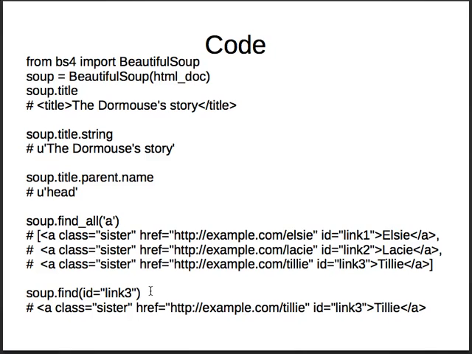You can search by CSS class. And again, I'm going to refer you to the documentation for all the details. But basically, if you can write a little bit of Python that says yes or no, whether or not you want something to match, then you can pass it in here and it will match it.